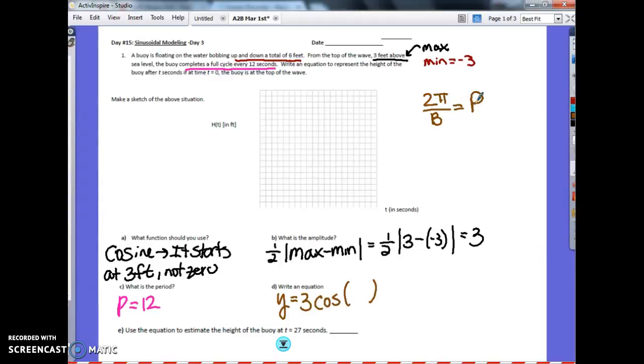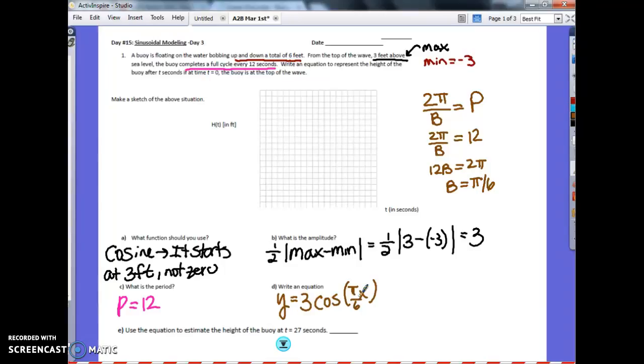Period, we just found out in part C, was 12, equals 2 pi over b. Cross multiply. I got 12b equals 2 pi. So b is equal to pi over 6 when I reduce 2 over 12. So the equation again, y equals 3 cosine pi over 6 x. Okay, so there's my equation.